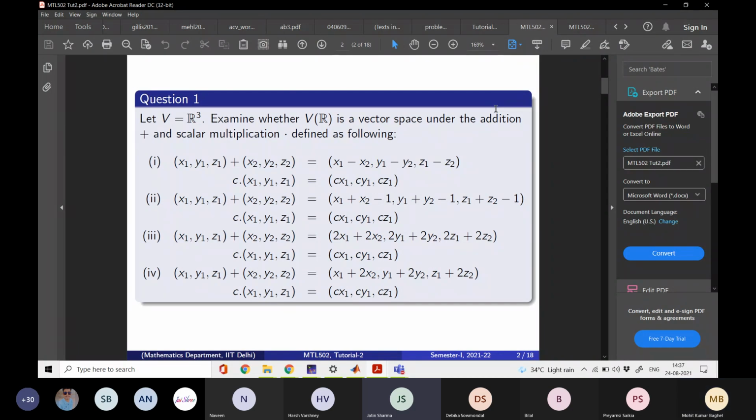And then we take any c1 and c2 belonging to the field, and (c1 c2) dot v is equal to c1 dot (c2 dot v). It means it should be associative under scalar multiplication, kind of.